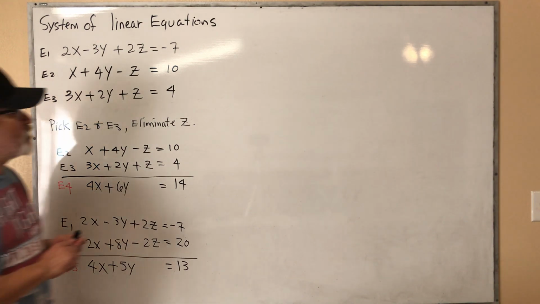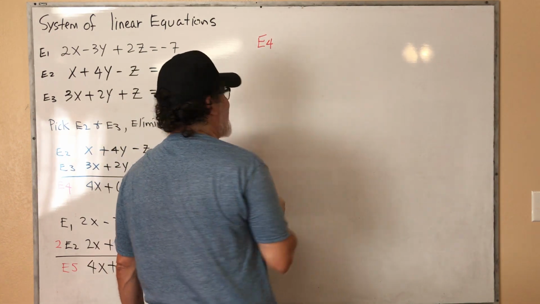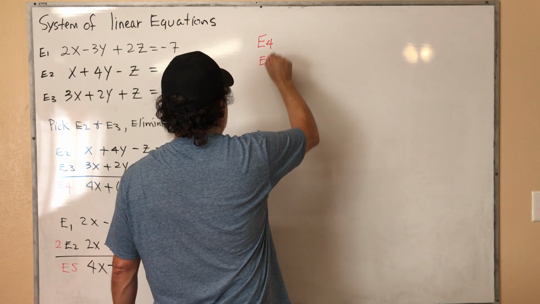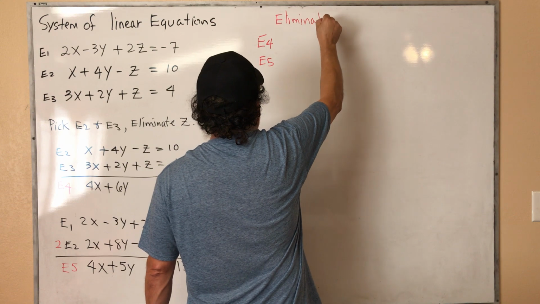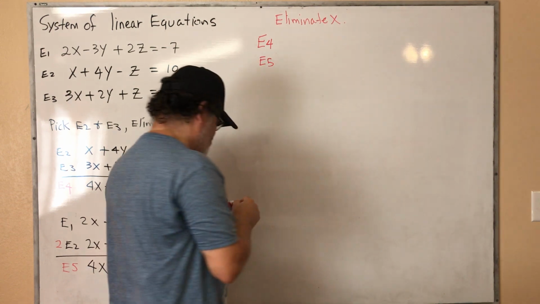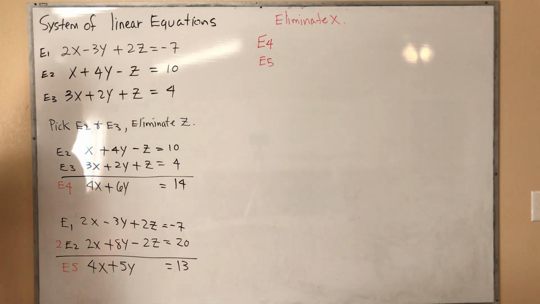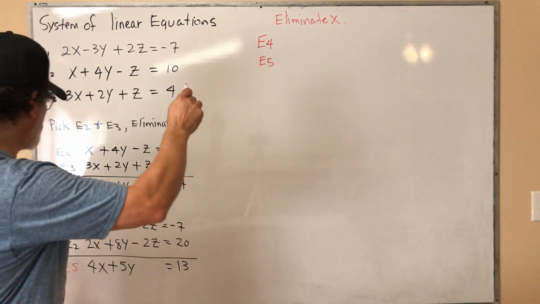Okay, so equation 4, I'll take equation 4. These are the equations that I came up with. And equation 5, and I'm going to eliminate x. You can eliminate y. To eliminate x, I'm going to multiply one by negative. It doesn't matter which one. I decide to do the first one.